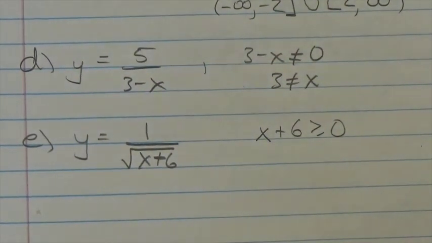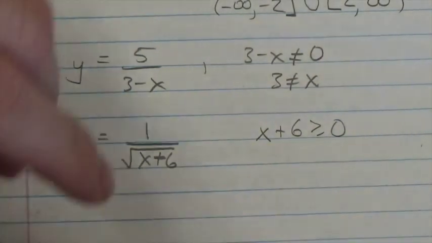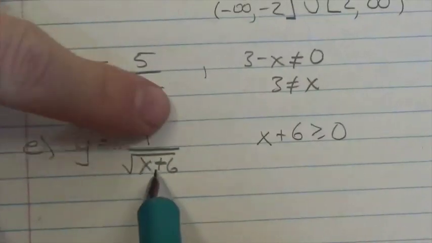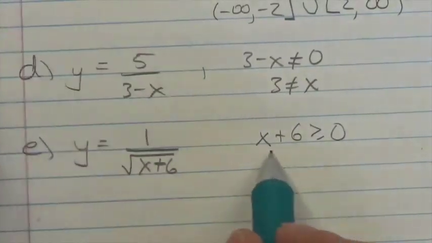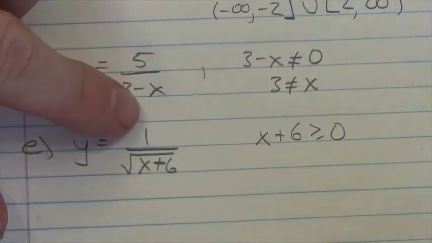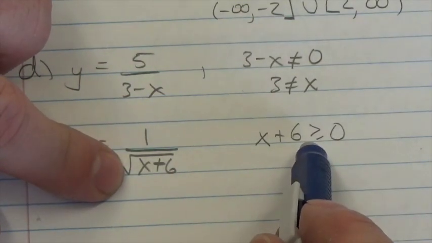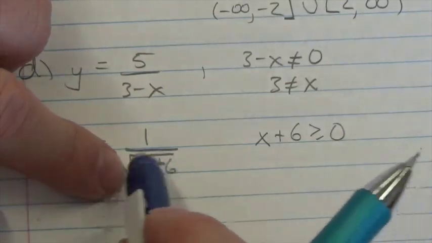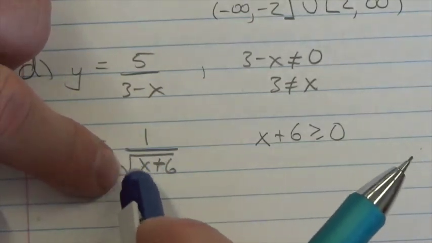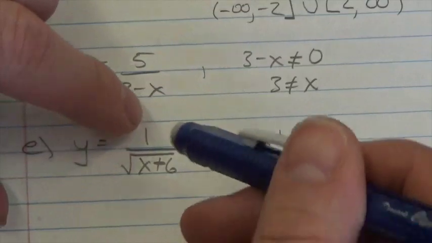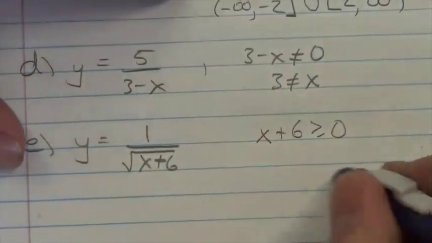Now, some of you are going to probably react to that immediately, and rightly so, because what I've written there is wrong, but this is a good place to start. When you look at the radical, I know that what's underneath the radical has to be greater than or equal to 0. But because this is in the denominator, I can't include the 0. Because if this term goes to 0, the square root of 0 is 0, but then I'm dividing by a 0, and I can't allow that.